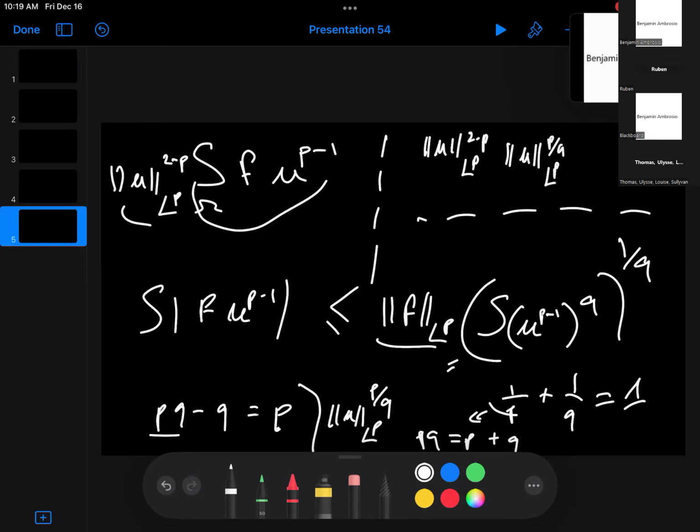Multiplying 1 divided by P plus 1 divided by Q equals 1 by P gives 1 plus P divided by Q equals P. So P divided by Q is just P minus 1.